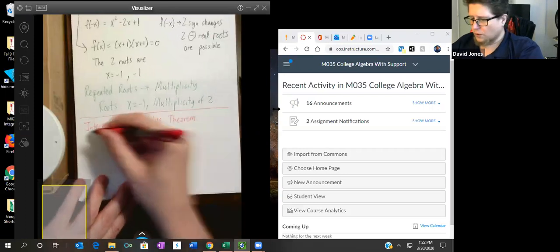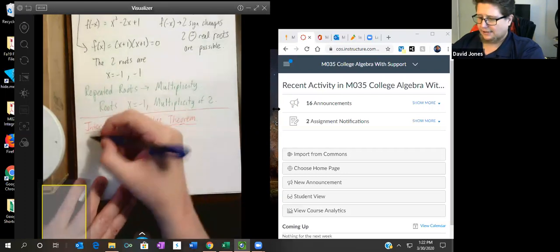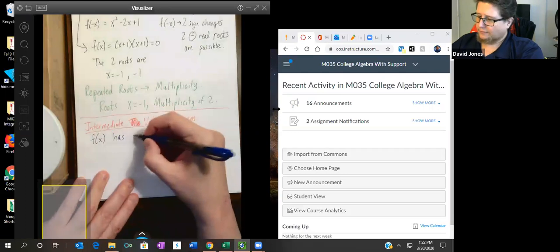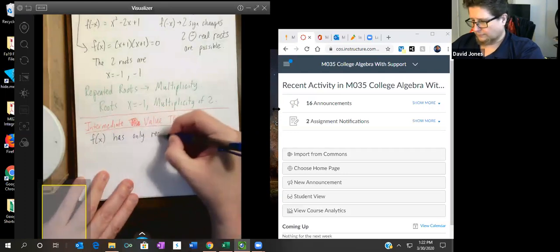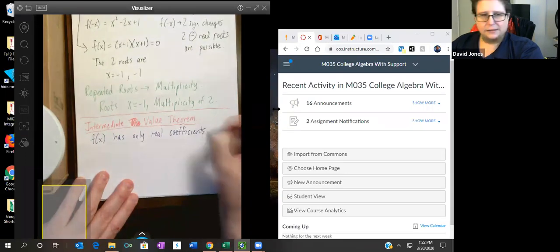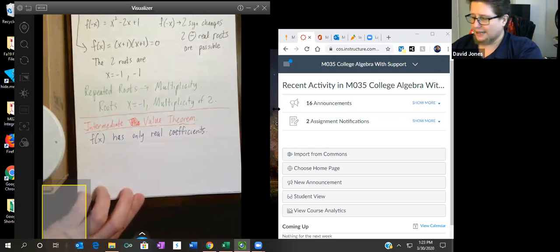The way this one works is we have a requirement: f of x has only real coefficients. They can be fractions. Descartes' theorem doesn't work with fractions, but the Intermediate Value Theorem does. That's the requirement.